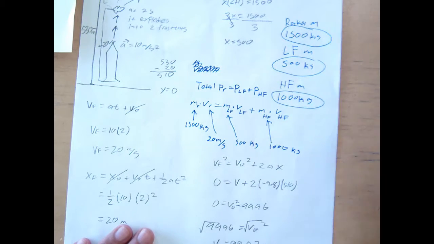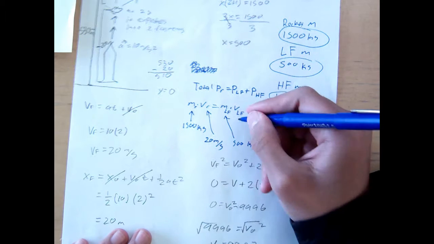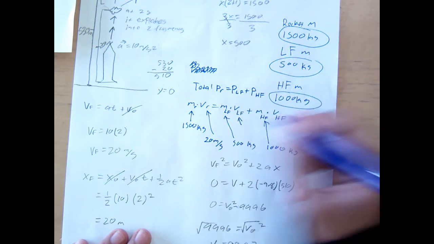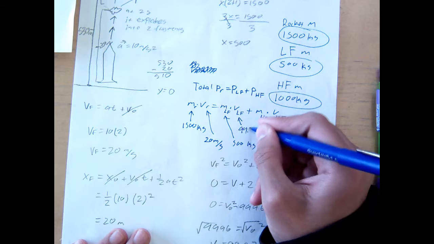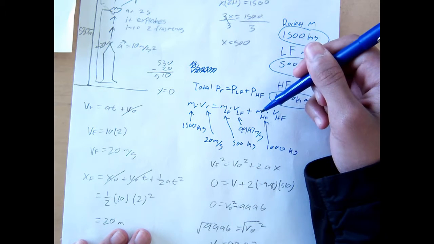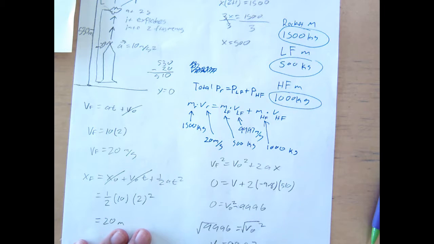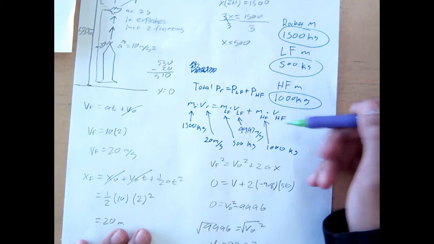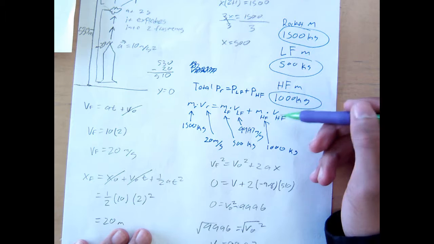So that would mean the velocity of the lighter fragment is equal to 99.97 meters per second. Now that we have all these values, our only unknown is the velocity of the heavier fragment, and this would tell us the velocity right after the explosion, which is what the question is looking for.